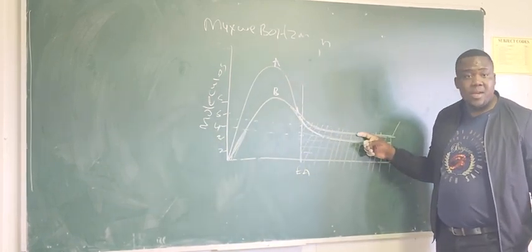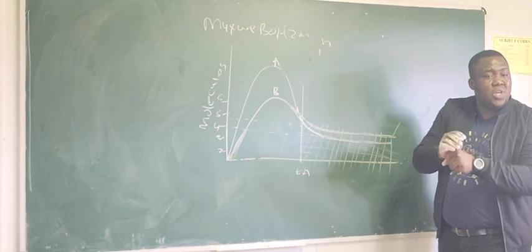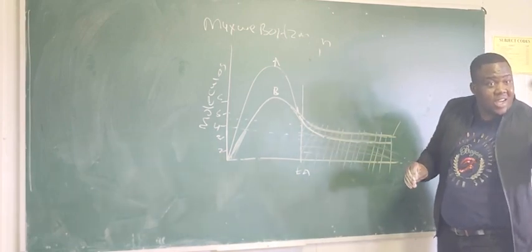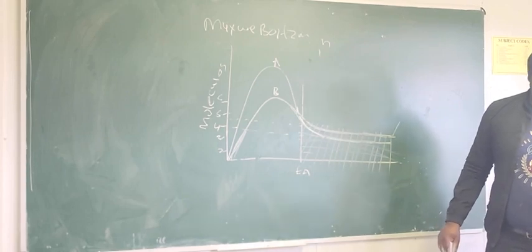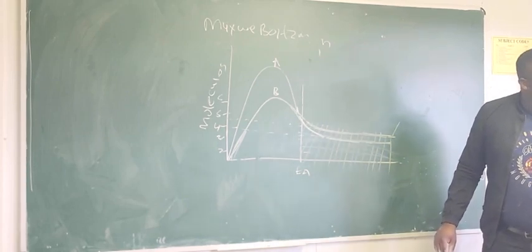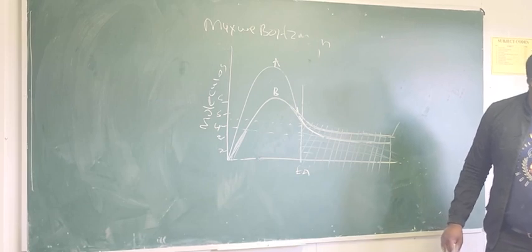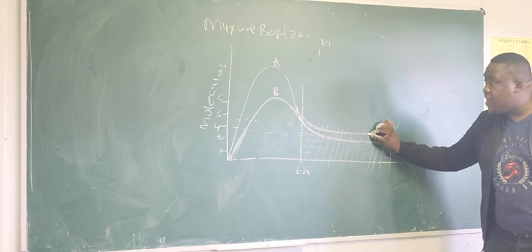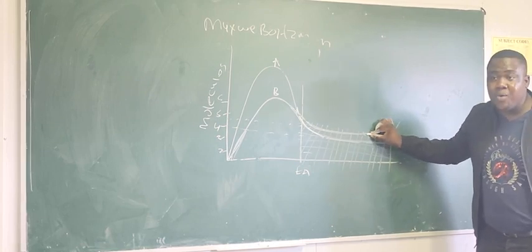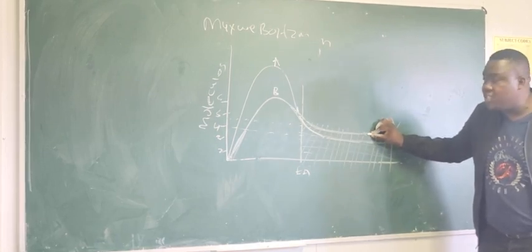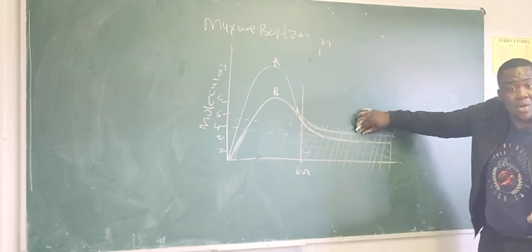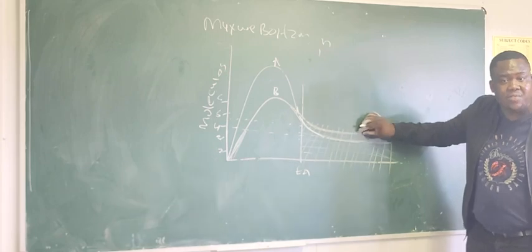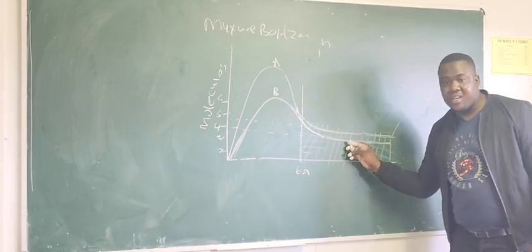It means B has many molecules with kinetic energy greater than activation energy. And if the molecules have high kinetic energy greater than activation energy, they will collide effectively. Since these are many, the curve that represents a fast rate of reaction is B. Why? Because B has many molecules with kinetic energy greater than activation energy when we compare it with A.